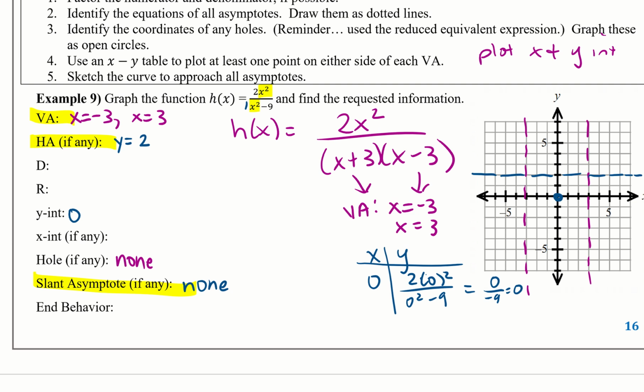I probably could have figured that out because this is my x-intercept up here, and that one's also at 0. So we can write these as ordered pairs if we want. They're actually the same point. This is the only time that we're going to cross the x-axis. We cannot cross it any other time because there's no other factors on that numerator. So just keep that in mind.